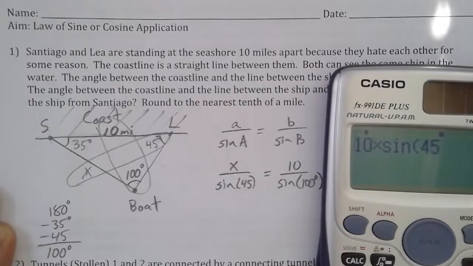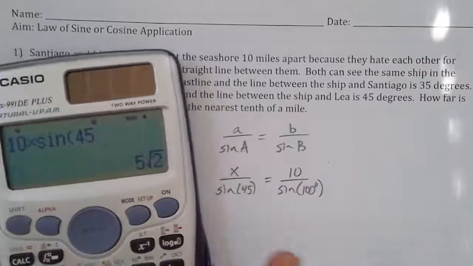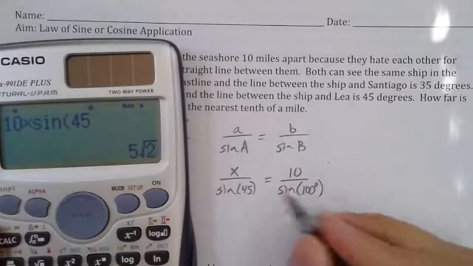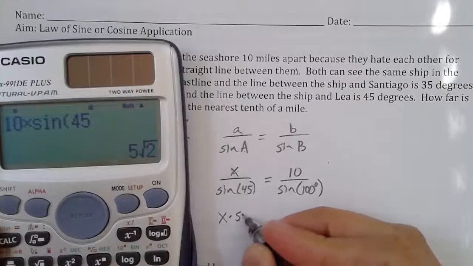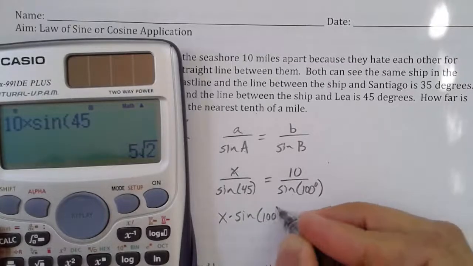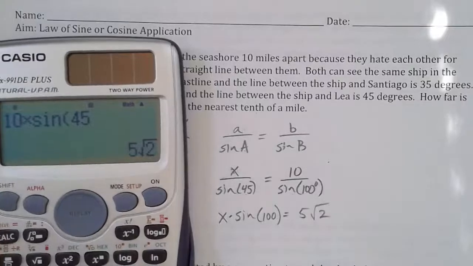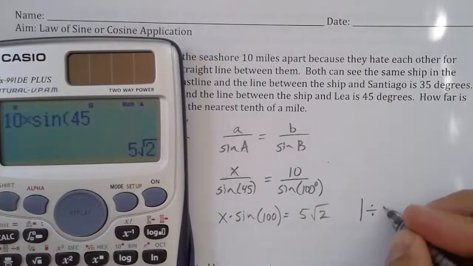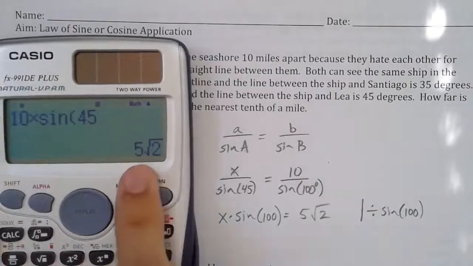When I cross multiply, I'm going to get x times sine of 100 degrees is equal to maybe 5 root 2. Why not? And then instead of typing in sine of 100, I'm just going to divide by sine of 100. So on my calculator directly, right now I have 5 root 2, and I'm going to divide that by sine of 100.